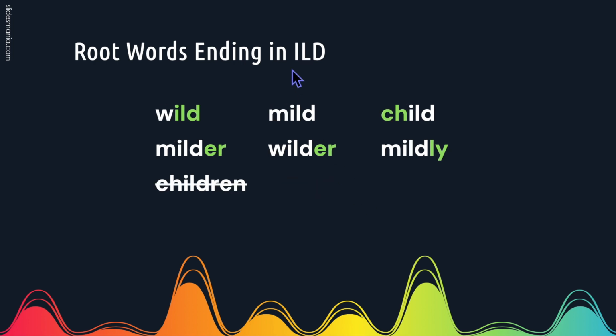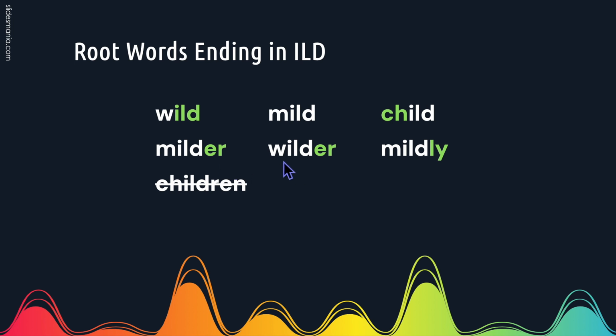ILD generally says ild with a long I sound at the end of a root word. Wild, mild. CH says ch in this word. Child. We can add suffixes like these three without it changing the I. So the I will still have the long I sound.